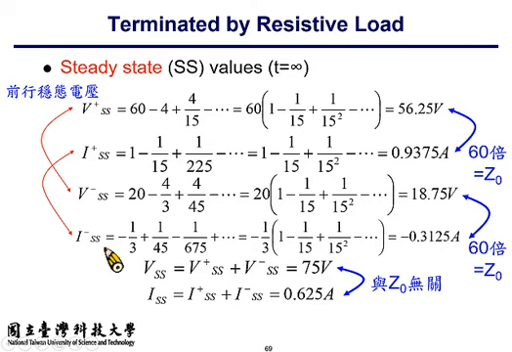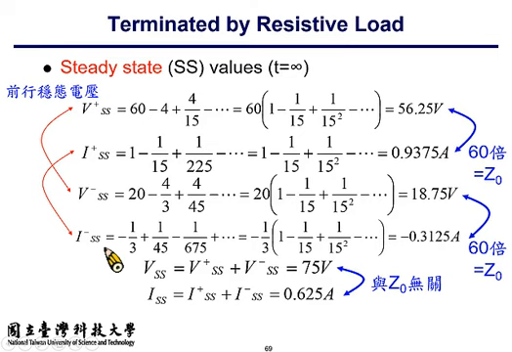The voltage value is actually 56.25. You can do the same for V minus SS. That is the steady state voltage of all the reverse going or backward going voltage terms. So that will be V minus plus, V minus plus minus, V minus plus minus plus minus.